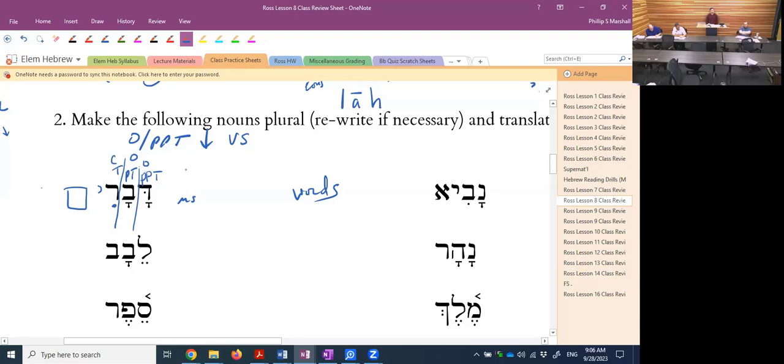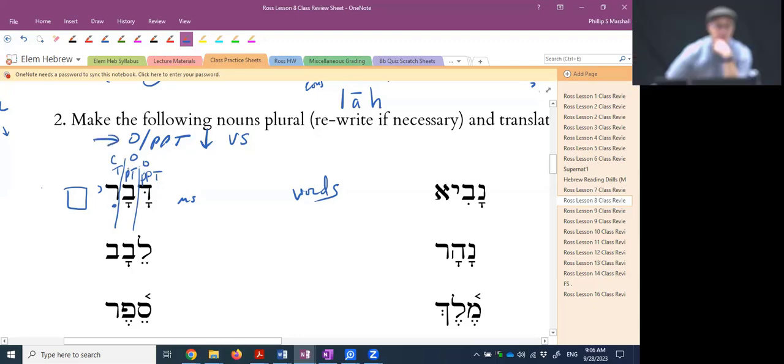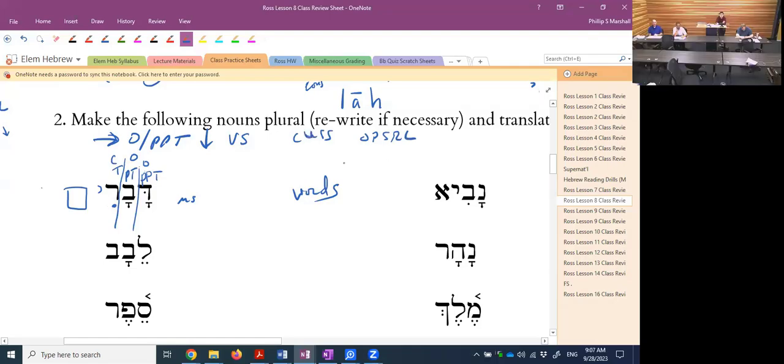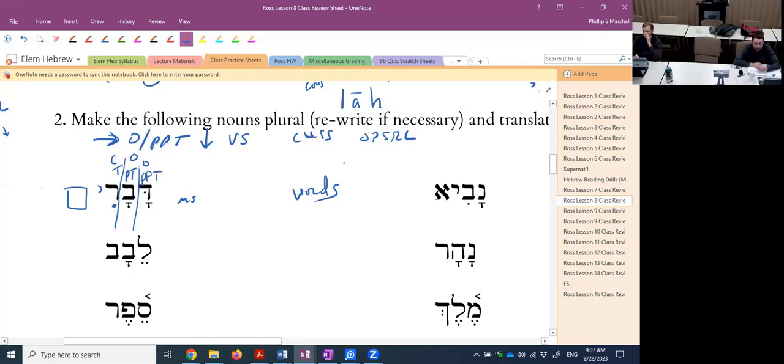So now I have to apply any syllable rules that I've learned. This is our newest one: open propretonic syllables will try to reduce to vocal shva. Then we had CASS, and we have old preacher sermons are long. What does CASS stand for, everybody? Closed accented syllables require a short vowel.